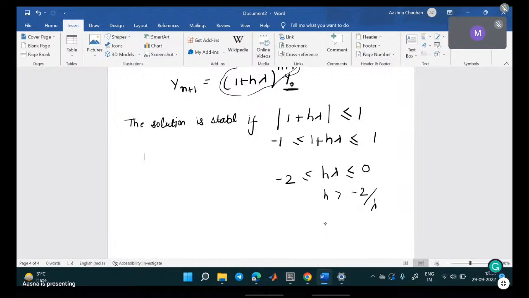It is greater than 1. h lambda is less than 0, and if I am writing it in the denominator, it should be greater than or equal to lambda.